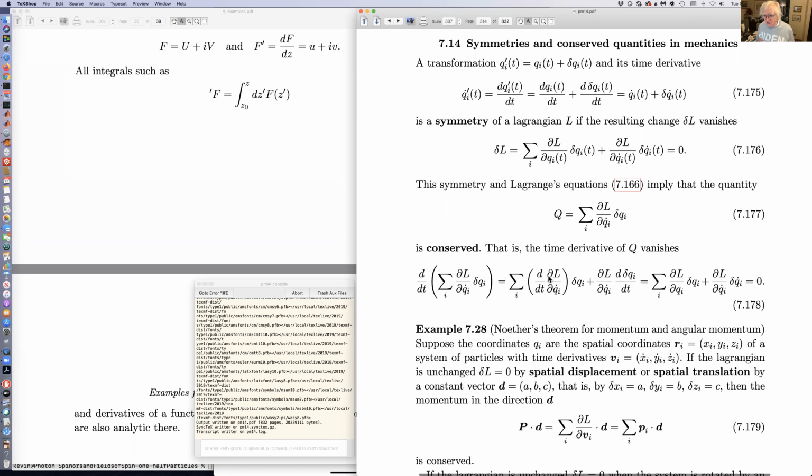By Lagrange's equation, this is just that, and then this is that. And so what is this? Well, this is just the statement that this quantity vanishes. So the point is that you see this is just dL, and we just said that dL vanished.